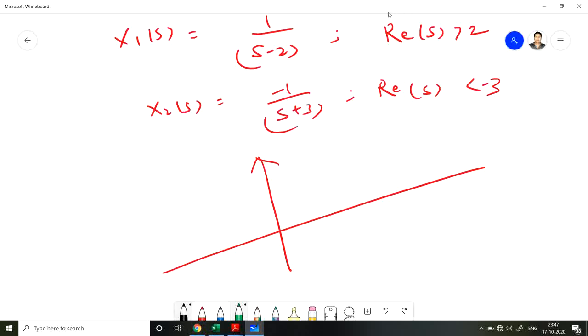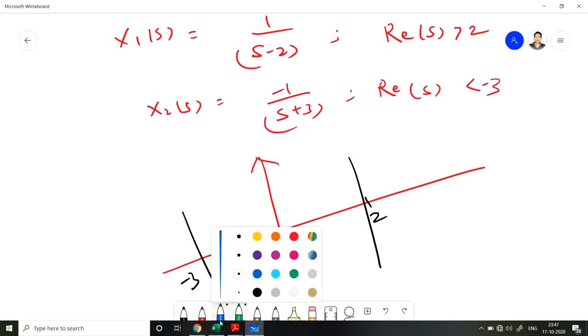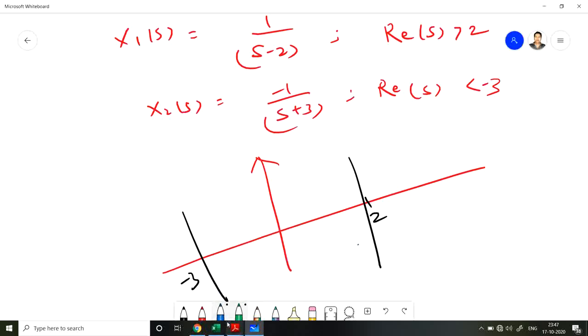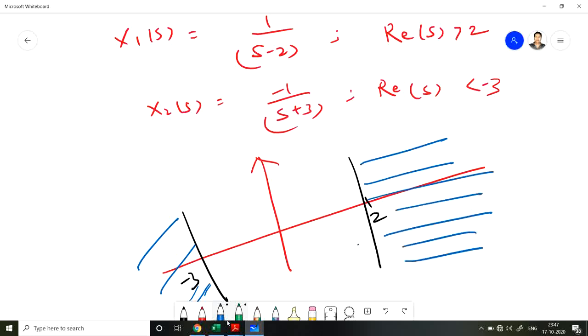The real part of s less than minus 3 is this, and then we have the real part of s greater than 2.